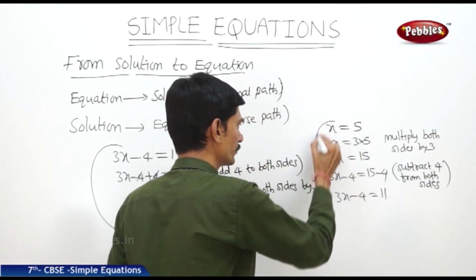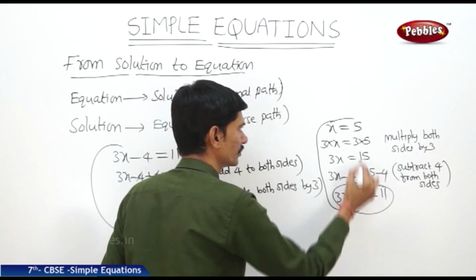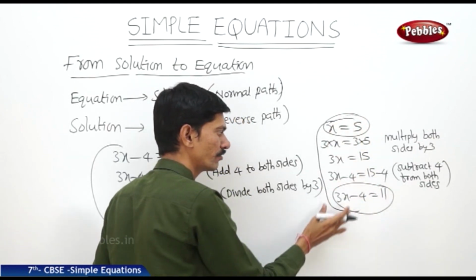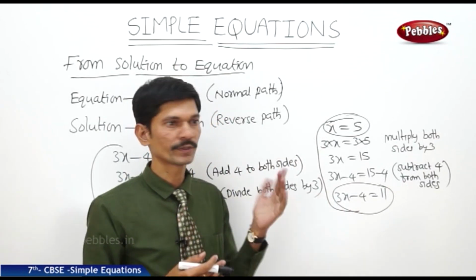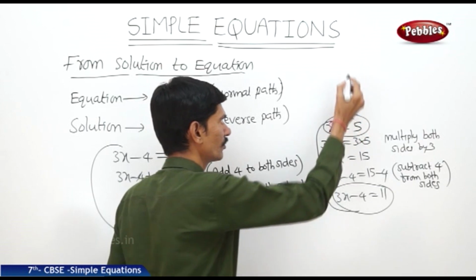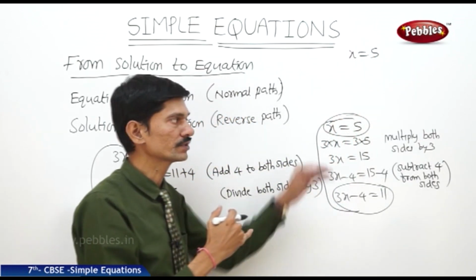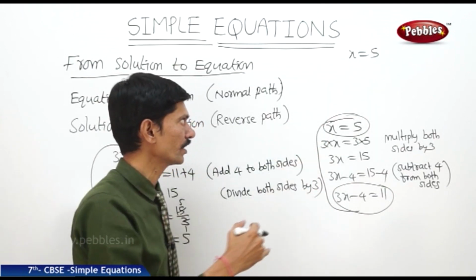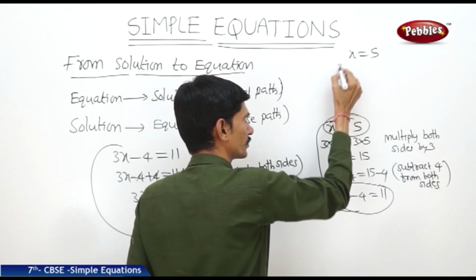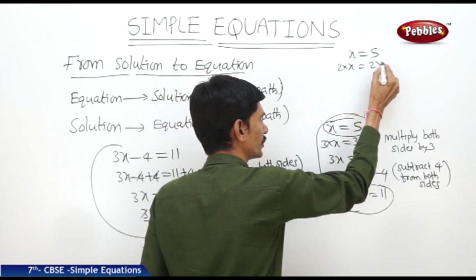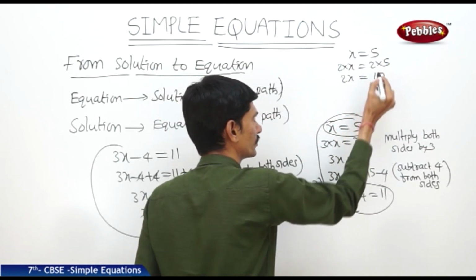So from the solution we have reached the equation. But is the equation unique when you have a solution? May not be, because if you take the same solution x equals 5, you get another equation that satisfies it. If you multiply both sides by 2, you get 2 into x equals 2 into 5. So 2x equals 2 5s are 10.